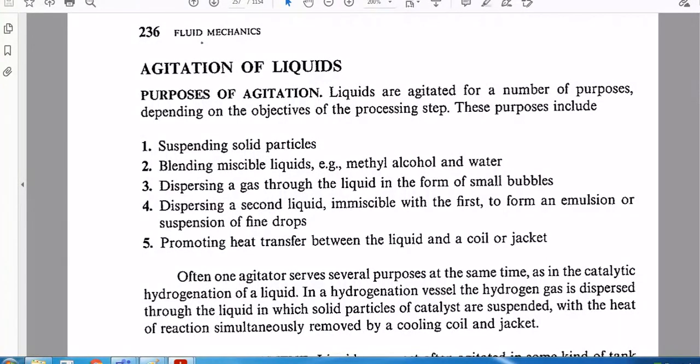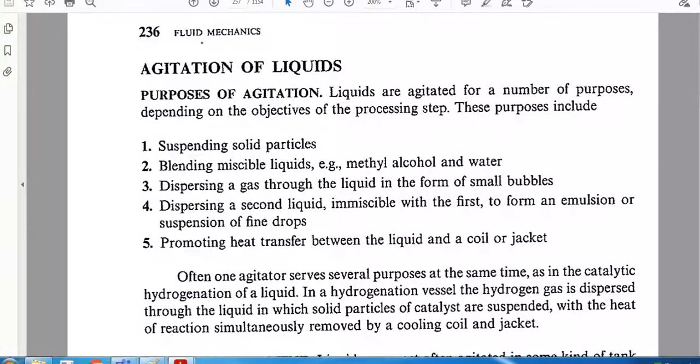Also remember, whether to pour water into sulfuric acid or sulfuric acid into water, we will also learn in our CRE. We can't simply add it. We should know thoroughly the nature of the materials. What to add into what, that is important. So for blending of liquids, we are going to use this.